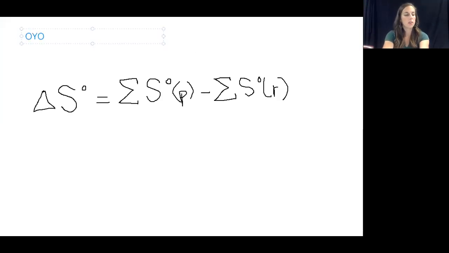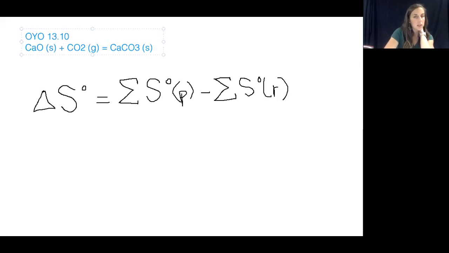On Your Own 13.10. They're giving us CaO in the solid phase plus CO2 in the gas phase. I'm going to put equals, but you know that's just your arrow. CaCO3 in the solid phase. Okay, so this is our equation that we're looking at.